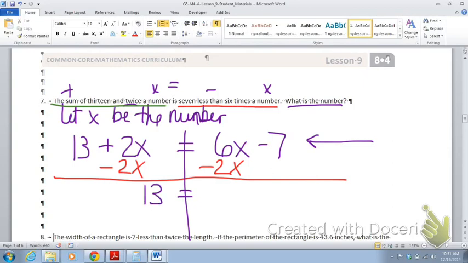On this other side, I've got 6x minus 2x, so that's the same as 6 minus 2 times x, or 4x, and I have a -7. So what do I want to do? I want to add 7 to both sides.